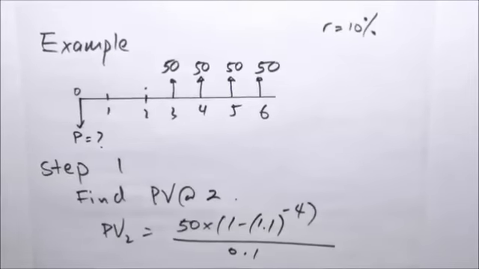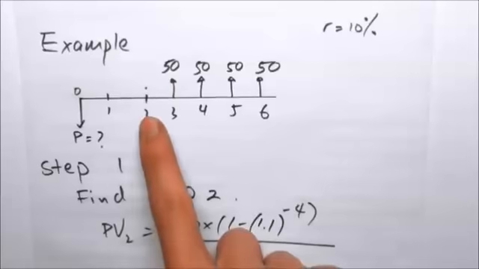So here's just the previous example where we actually put a bit of numbers in. We want to work out the present value of the annuity where the first annuity payment starts in year 3. The first thing we need to do is find the present value at year 2.